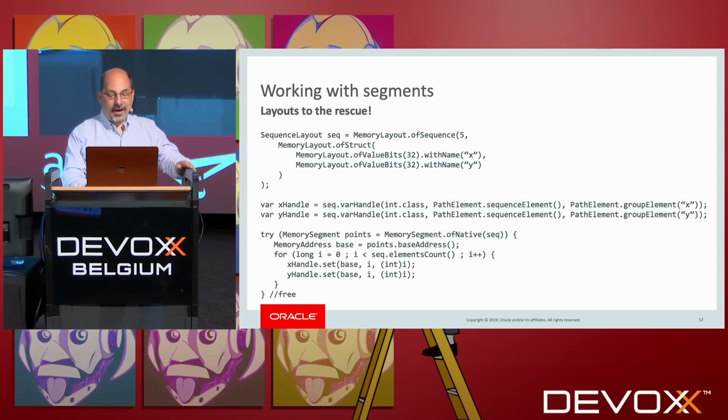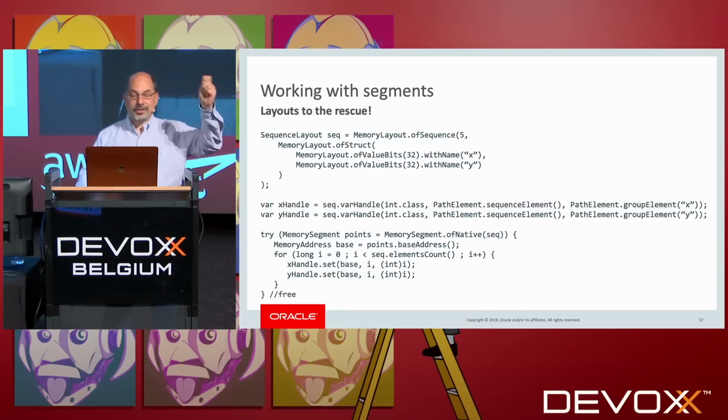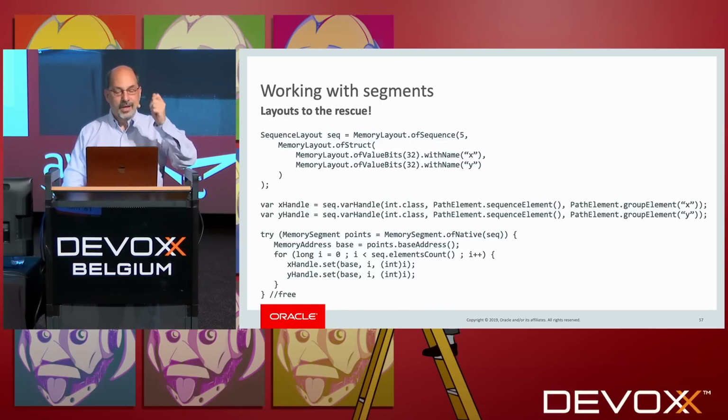If I put that back together with the previous example that I gave, all of the constants go away. I say, here's my layout. It's an array of 5 structs. The structs have int x, int y, and now I call this the var handle factory.